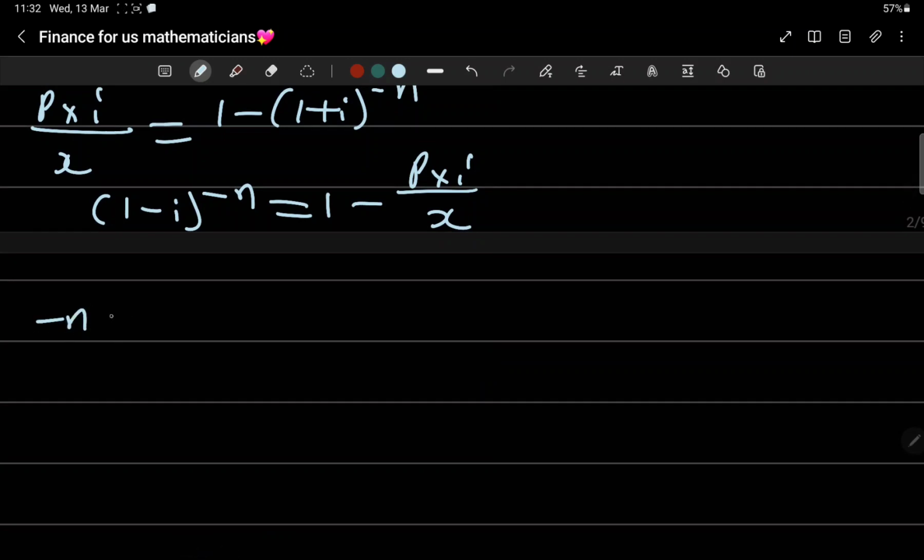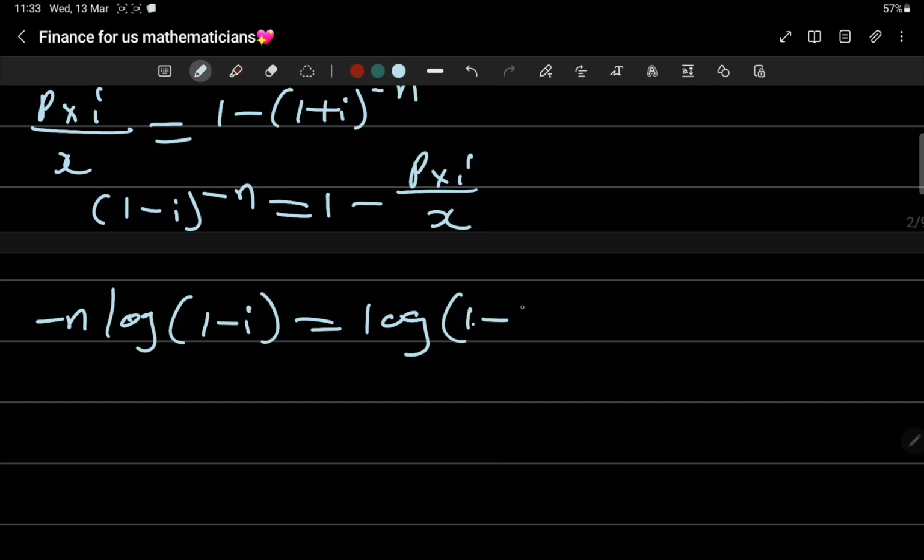Revise your laws of logarithms in case you forgot them. We have a video where we did the laws of logarithms, so we'll put the link in the description.